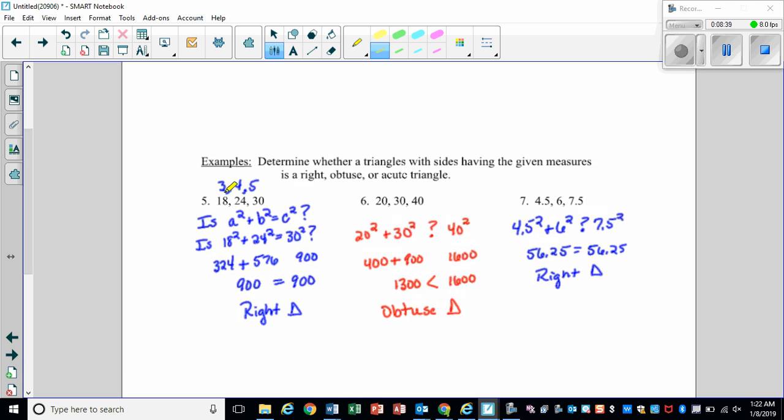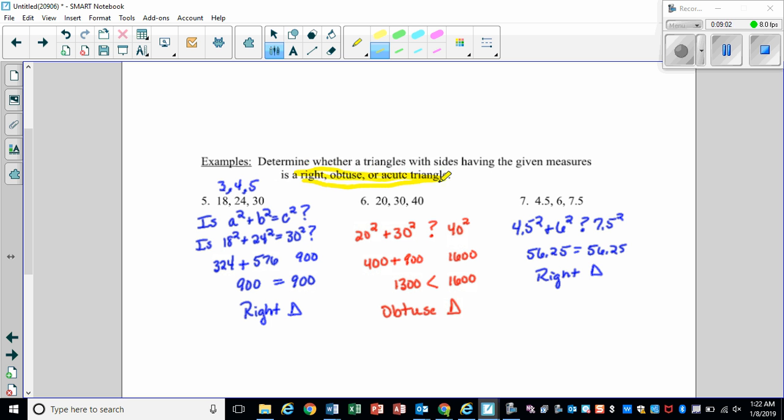And in this case, yes, 18 plus 24 is more than 30. Yes. 20 plus 30, is it more than 40? Yes. Because 20 plus 30 gives you 50, and 50 is more than 40, right? 4.5 plus 6, is it going to give you more than 7.5? Definitely. So now I can just go ahead and say, okay, then if it does, is it a right triangle?